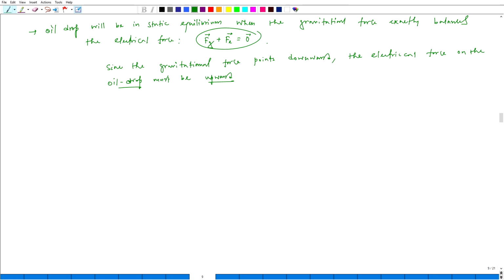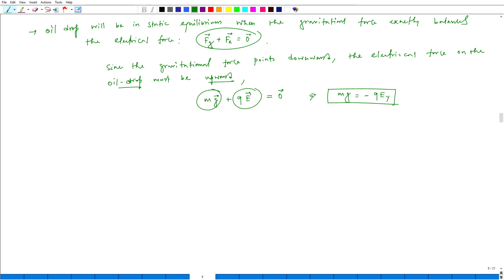Using our force law, m g vector plus q E vector, the gravitational force plus the electrical force, becomes 0. Focusing on the magnitude, this becomes m g minus q E y equals 0.